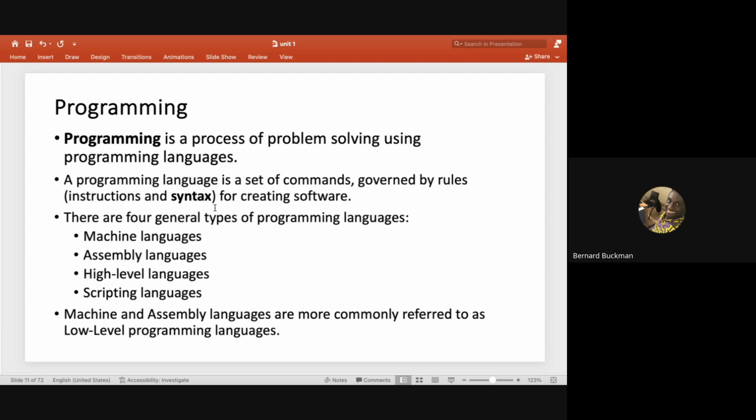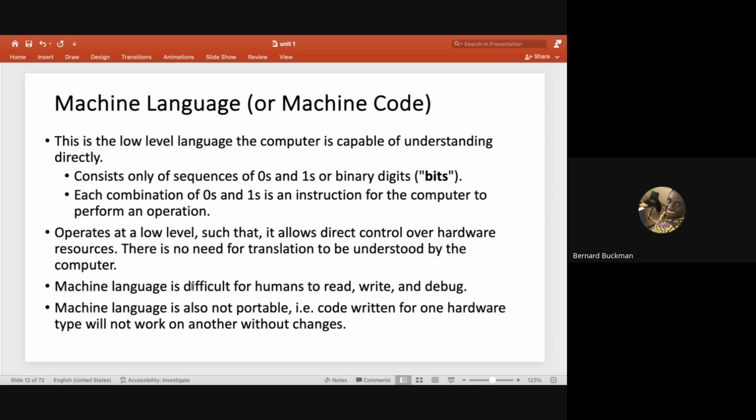Now, there are four main classes of programming languages: machine languages, assembly languages, high-level languages, and scripting languages. Machine language and assembly language are regarded as low-level programming languages. When we say high-level, somebody will ask, what are the low-level ones? The low-level ones are the machine languages and the assembly languages.